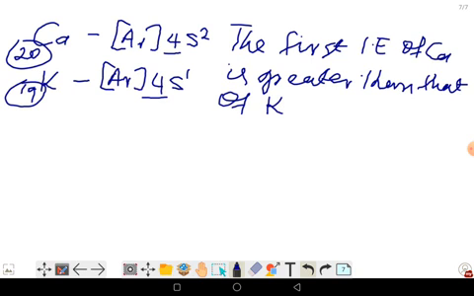Then let us look at the second IE. Second IE is the energy required to remove the second electron. So let us see what is going to happen at this point. We know that at second IE, they are already in ionized state.